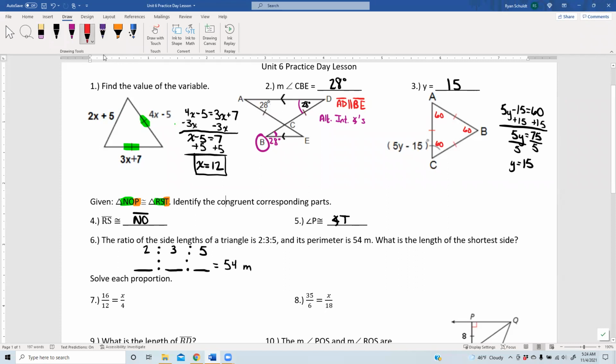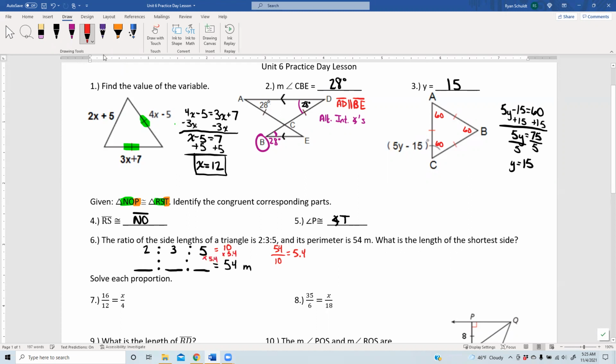So what I would do is add up the ratios, 2 plus 3 plus 5. That gives us 10. Is 10 the same as 54? No. I need to figure out 54 divided by 10. Well, that gives me 5.4. So I have to multiply each of these times 5.4.